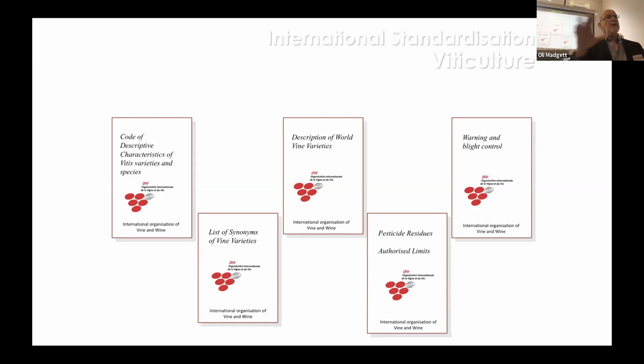So again, it tends to be collaborative in some of these areas, whereas the description of world wine varieties and their naming, including that list of synonyms of wine varieties, is one where the intersection between national interest and technical ampelography sits. So member countries control the list of synonyms because they're important for trade, whereas if we're exchanging plant material, description of the base variety and the way in which it's described is very much arranged at the scientific and technical level.